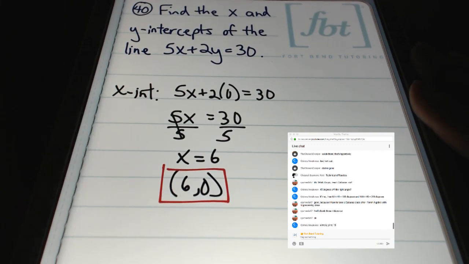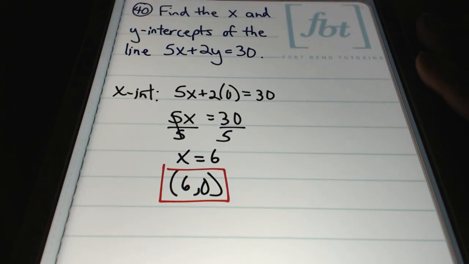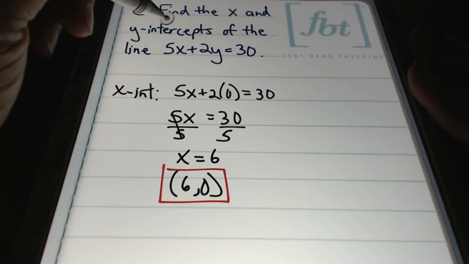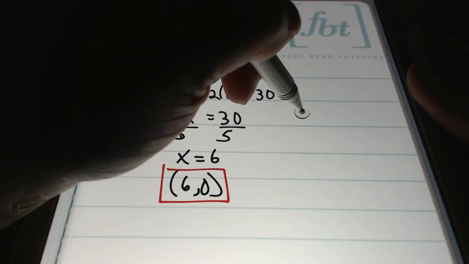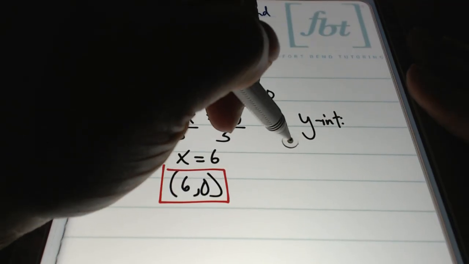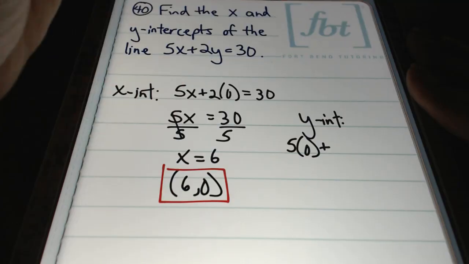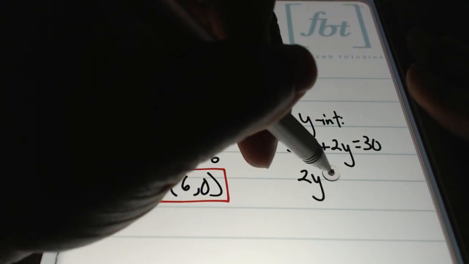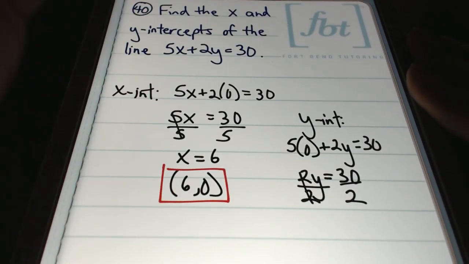Next up, we will be looking at the y-intercept. The y-intercept is going to be the opposite process. Obina has our answer already. So for the y-intercept, you're going to be plugging in 0 for x and solving for y. You'll rewrite the equation as 5 times 0 plus 2y equals 30, which is equivalent to 2y equals 30, and then you'll just divide both sides by 2, and you'll end up with y equaling 15.